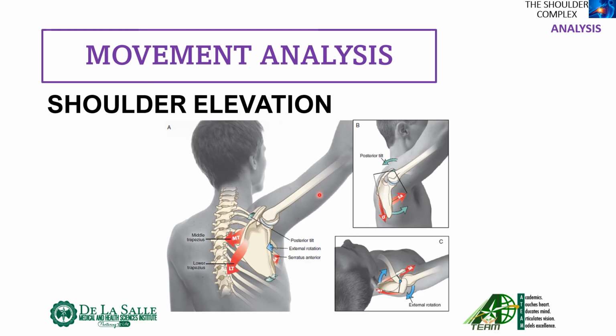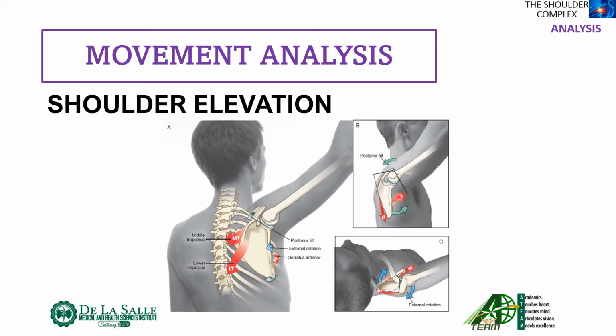So specifically, the serratus anterior pulls the scapula in an anterior and lateral direction, while the lower trapezius pulls the scapula inferiorly. Now, this force of direction and this force of direction will result to posterior tilting.